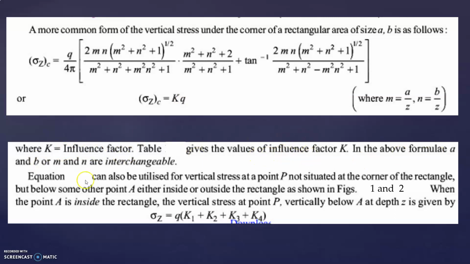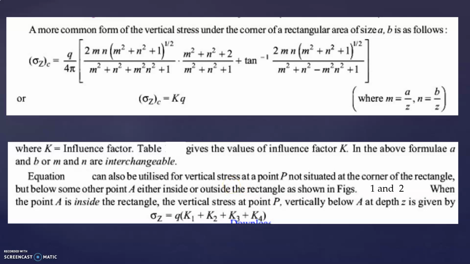In the above formula, a and b, or m and n, are interchangeable. This equation can also be utilized for vertical stress at a point not situated at the corner of the rectangle, but below some other point A, either inside or outside of the rectangle as shown in figures 1 and 2.